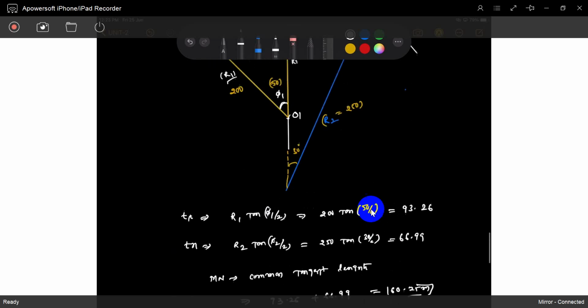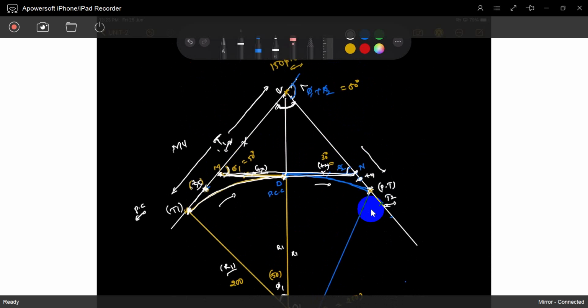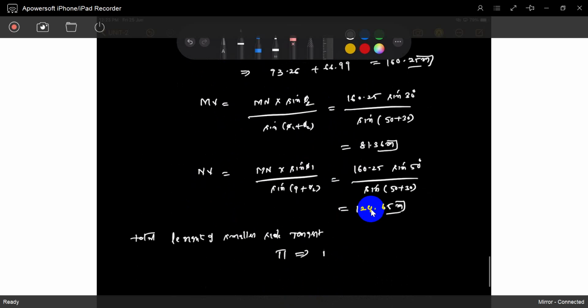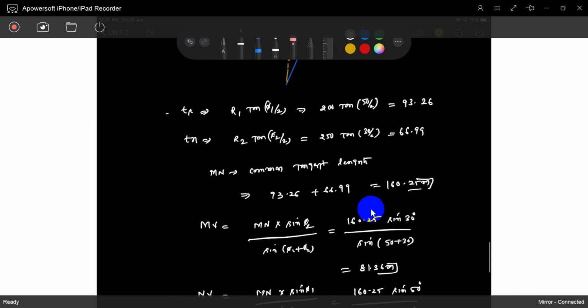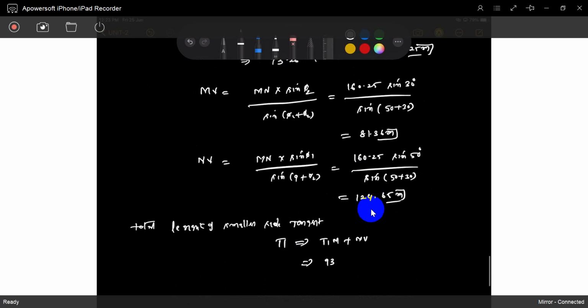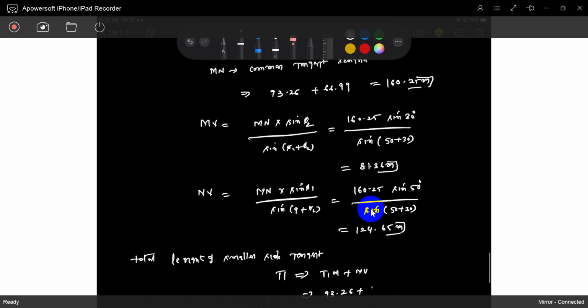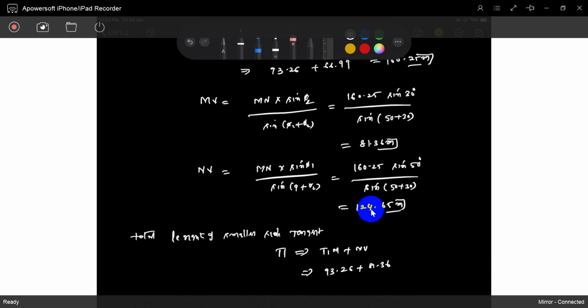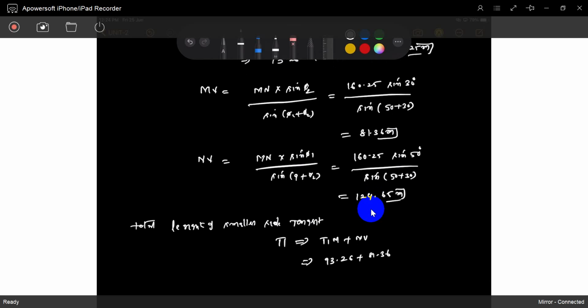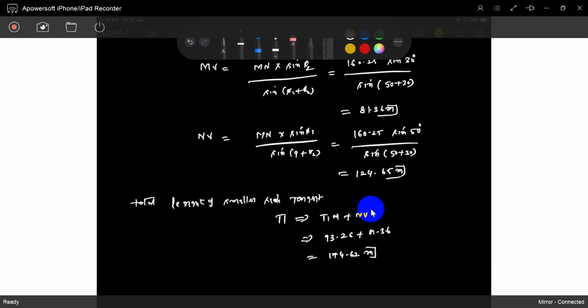T1V is T1M plus MV, where T1M is TS. So that is 93.26 plus 81.36, which is 174.62 meters.